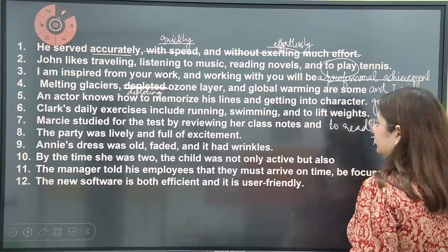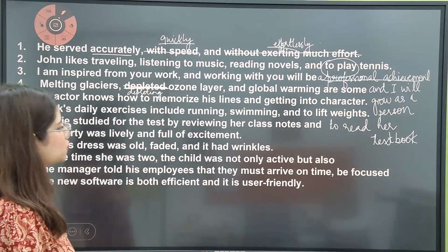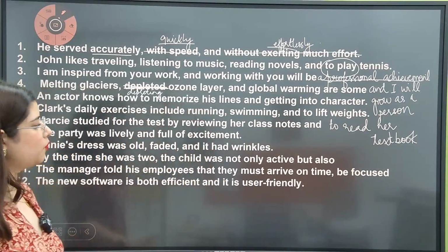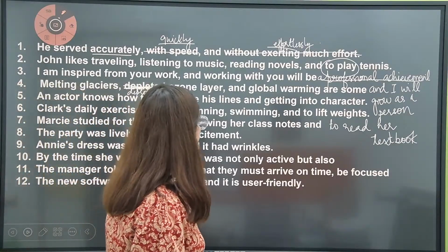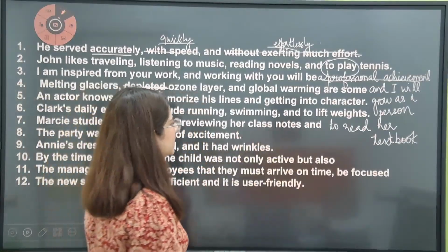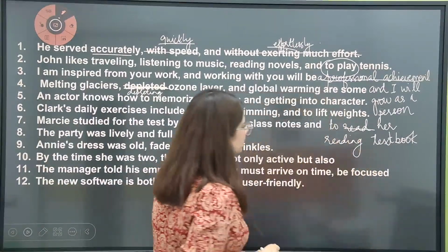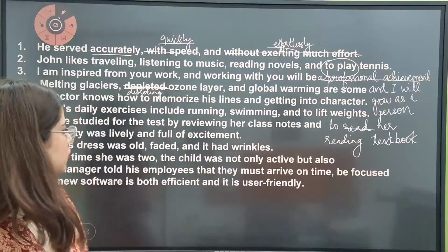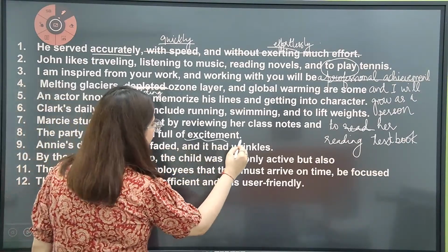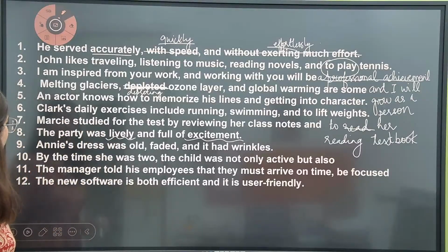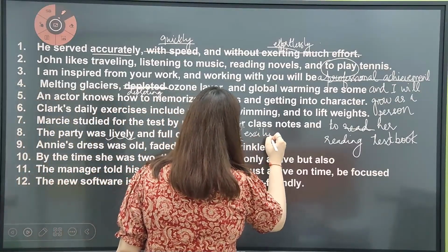Marcy studied for the test by reviewing her class notes and to read her textbook. So we'll change it to Marcy studied for the test by reviewing her class notes and reading her textbook. The party was lively and full of excitement. So I can change it to the party was lively and exciting.